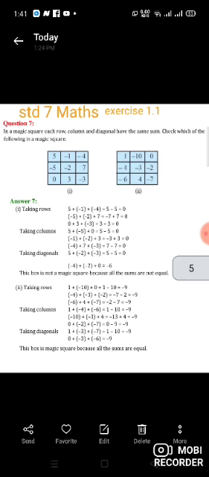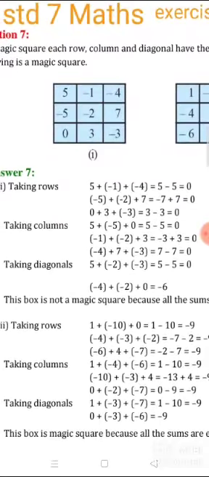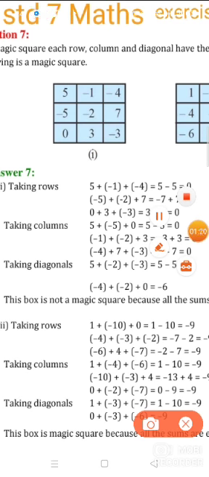Now question 1. In it, dear friends, you can see the first row. We are going to do the addition of this row: 5 plus (negative 1) plus (negative 4).